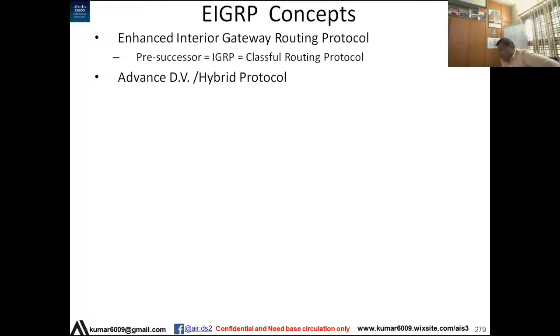That was a classful routing protocol. After IGRP, they wanted to upgrade it. They took the same IGRP and upgraded it to Enhanced IGRP, that is EIGRP. But the problem is IGRP is classful, EIGRP is classless. To give backward compatibility, like for example Windows 7 is there, you give Windows 8. Now Windows 8 has good features, but Windows 7 doesn't have that feature.